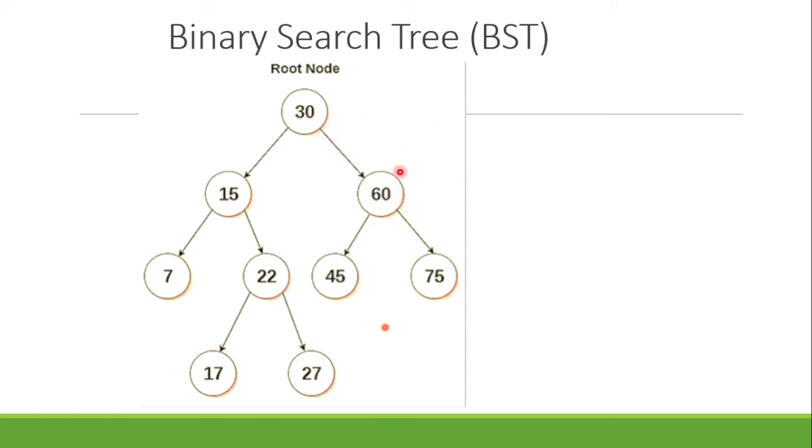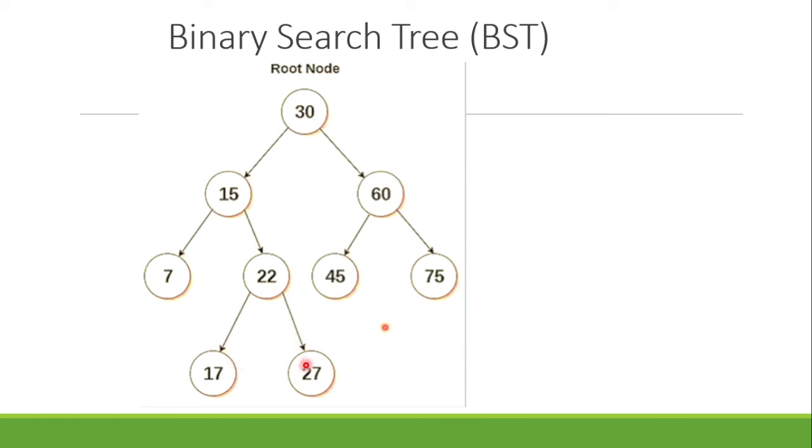This is level 1. This is level 2. Look at level 2. There we have a node 60. This is a recursive procedure because if you take node 60, its left subtree has a lesser value than 60. Its right subtree has values greater than 60. Similarly, consider node 22. Its left subtree has a value lesser than 22. It is 17.